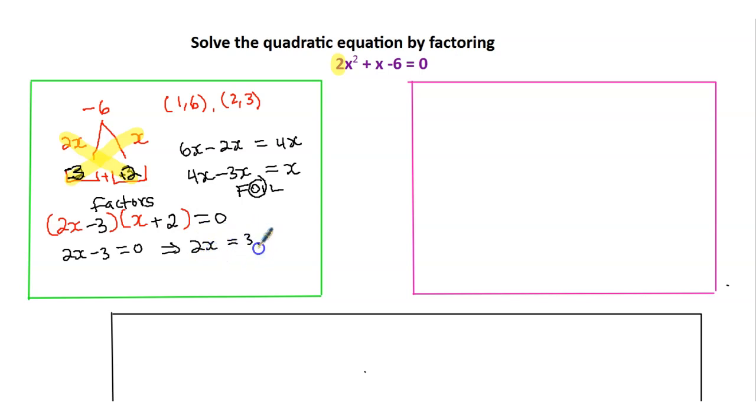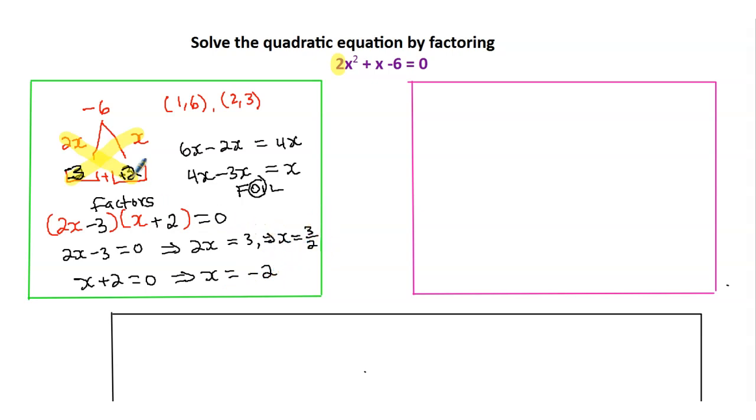And then finally it implies that x equals, we divide both sides by 2, 3/2. Which is an improper fraction, but under quadratic it is okay. And then the second one, x plus 2 equals 0, implies that x equals -2. So now the zeros are -2 and 3/2.